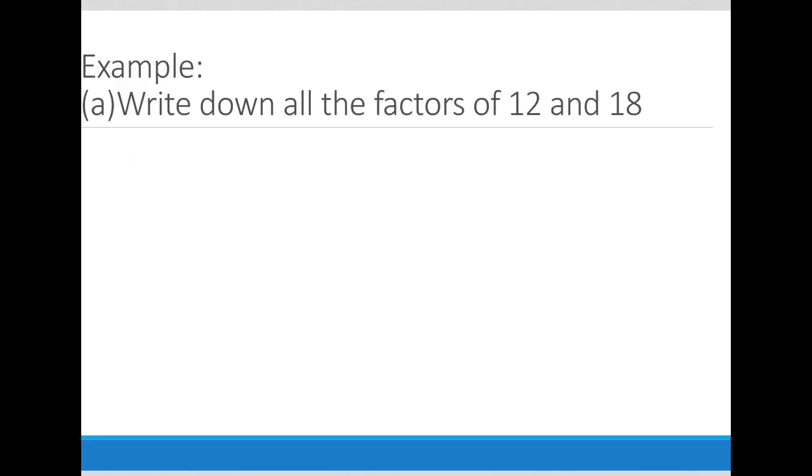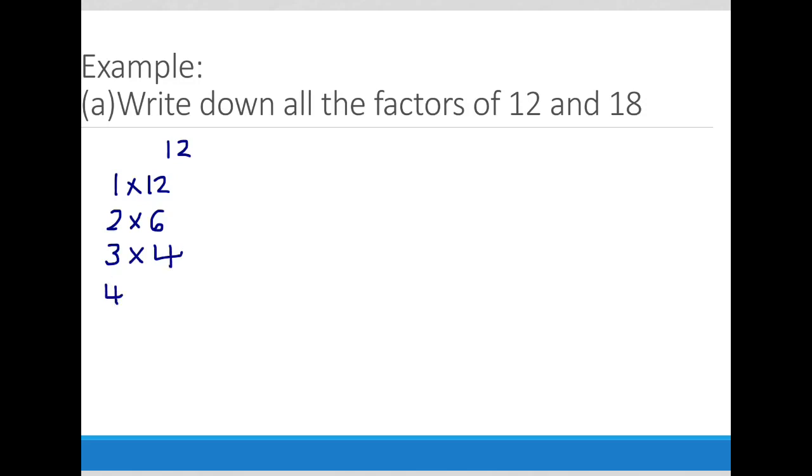If I take the number 12, how can I make 12? It's always best to start with the number 1. So 1 multiplied by 12. Can I do 2? Yes, 2 multiplied by 6. 3 multiplied by 4.